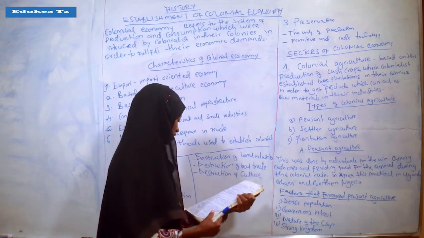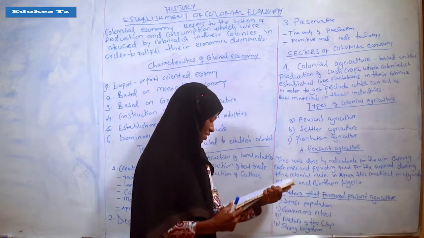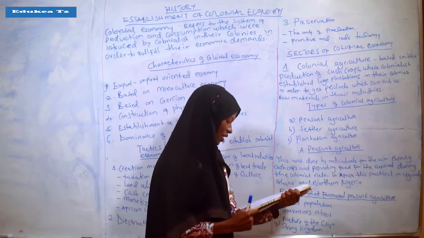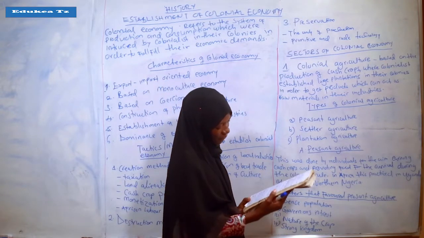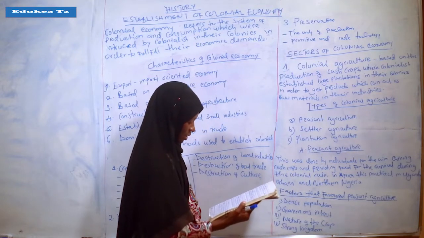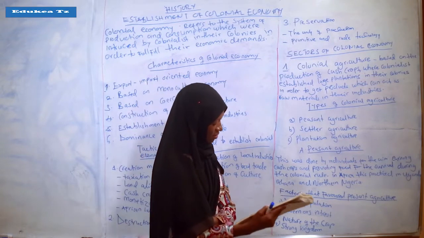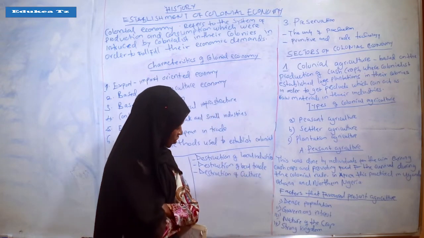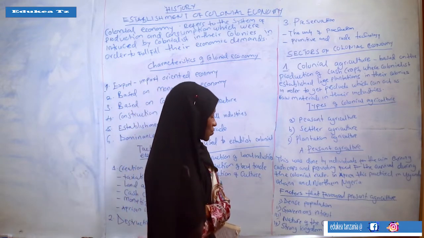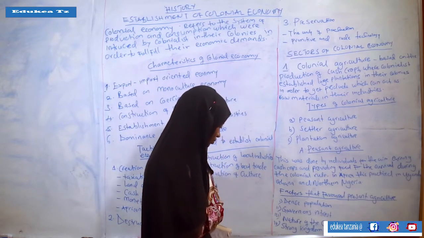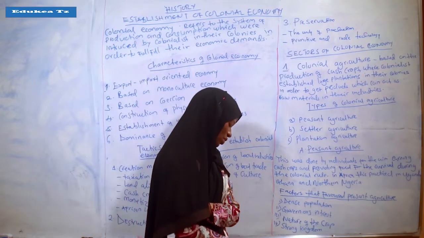Another is governors' interest. Some governors preferred peasant agriculture in their colonies. For example, Governor Henry Hesketh Bell in Uganda and Sir Donald Cameron of Tanganyika decided to establish peasant agriculture due to their interest. Another is nature of the crop.